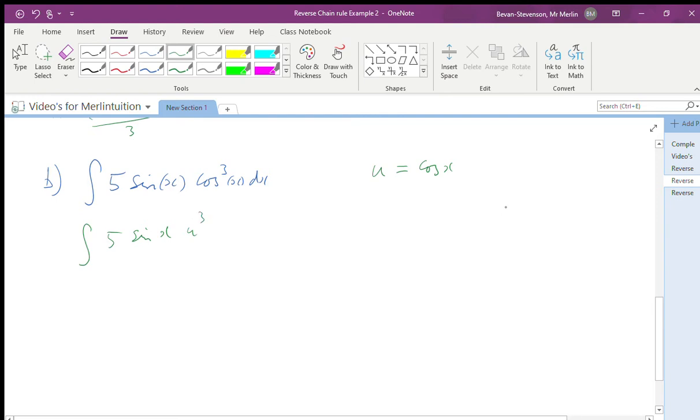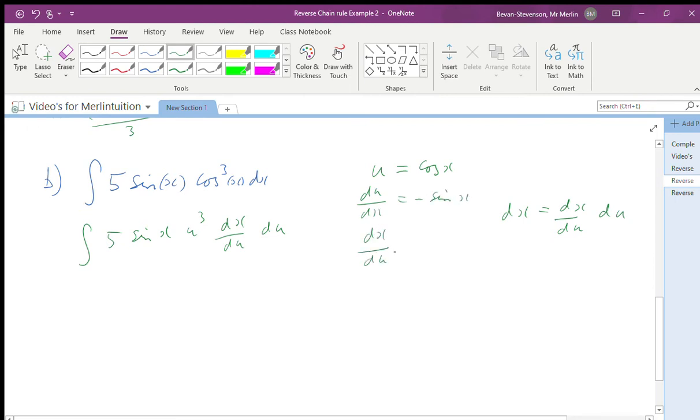Again, we need to change our dx to dx by du. I just made the mistake that happens to make a lot, dx by du du. Du by dx is minus, remember your minus sign, sin x.